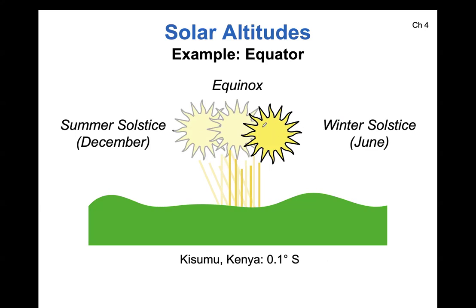And then in the winter, here it is, the equal number of degrees off, but the other way. So at this equatorial location, there's not a lot of change, which is why there are no well-defined seasonal differences for equatorial latitudes. The sun is always pretty close to directly overhead. It's only going to take a 47-degree arc across the sky, which keeps it very much in the directly overhead position.